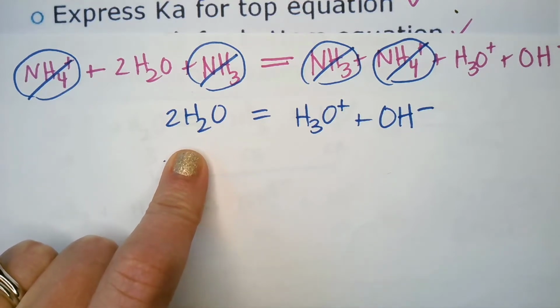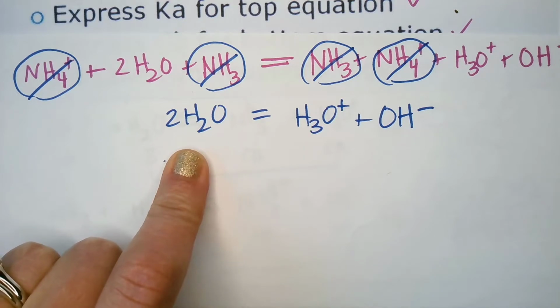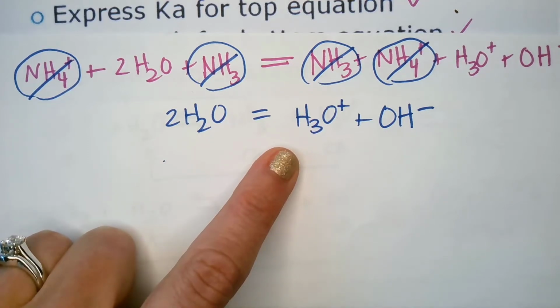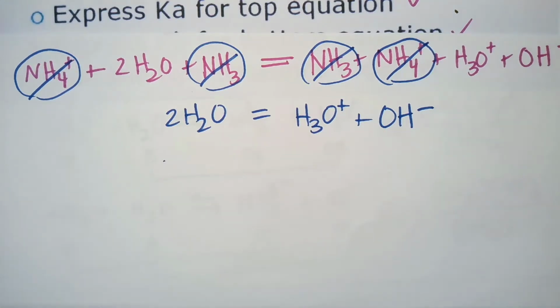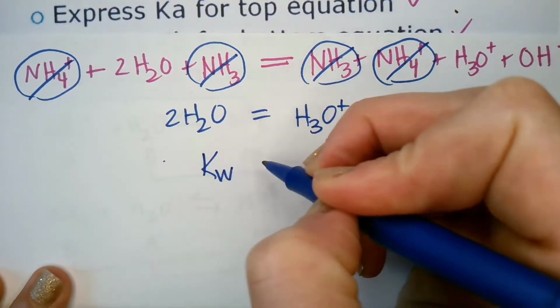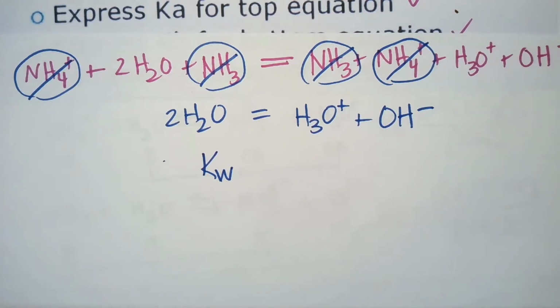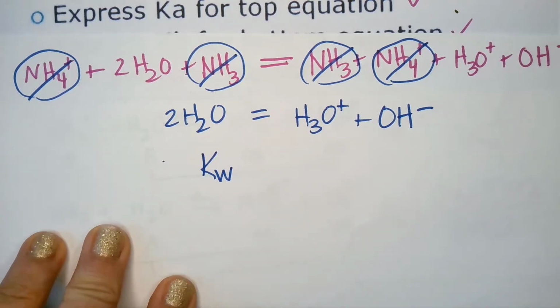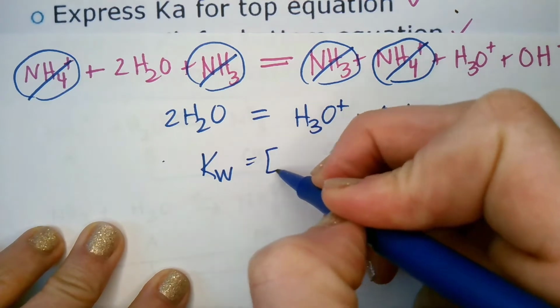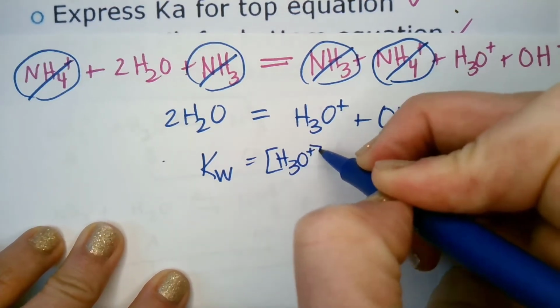We've talked about how when two water molecules bombard, they dissociate, and we call this the ion product constant of water. When two water molecules dissociate, H3O plus and OH negative come out. We call this Kw, the equilibrium dissociation for water.